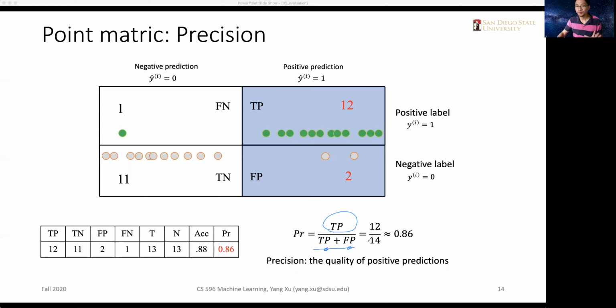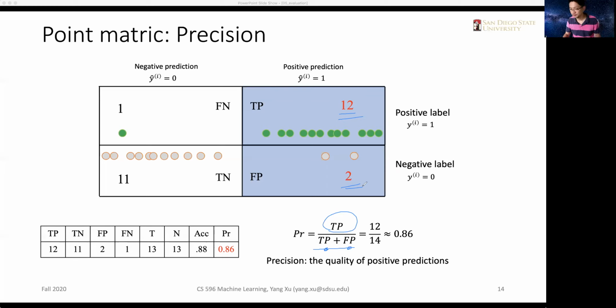This model makes 12 plus 2 positive predictions in total. Then we want to see how precise these positive predictions are. That's where the name precision is from. It basically measures the quality of your positive predictions.